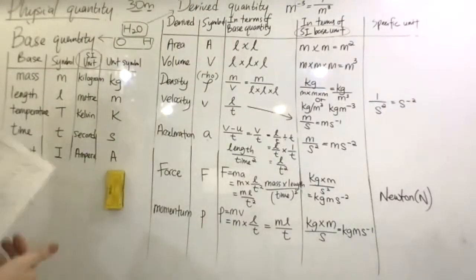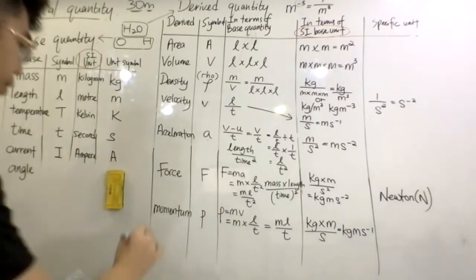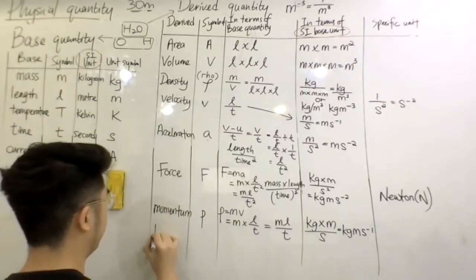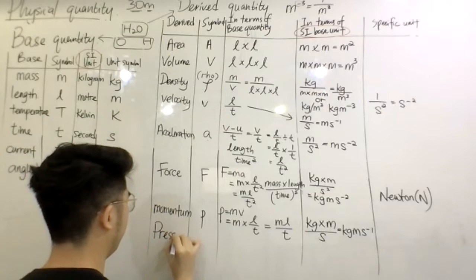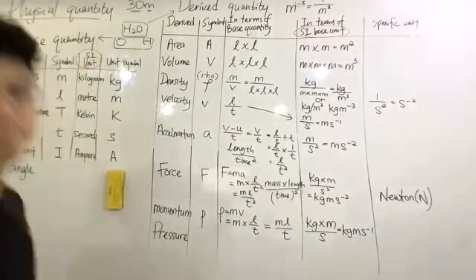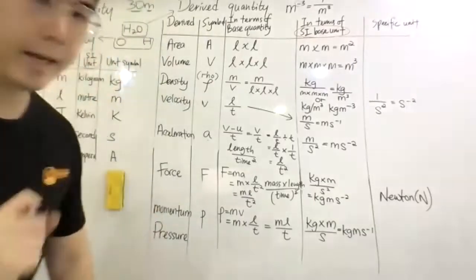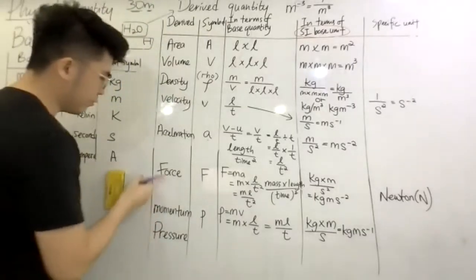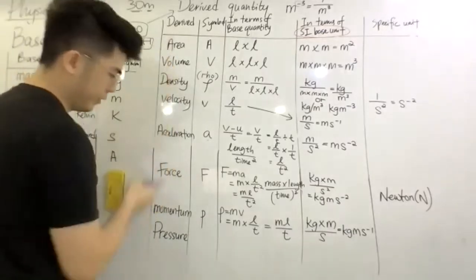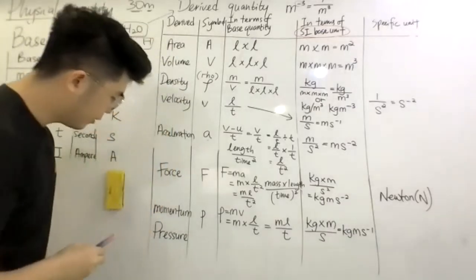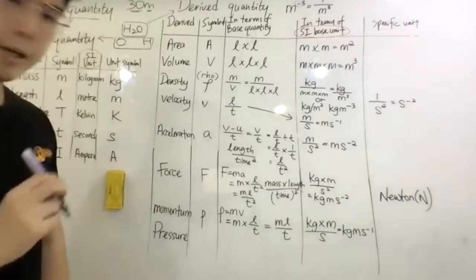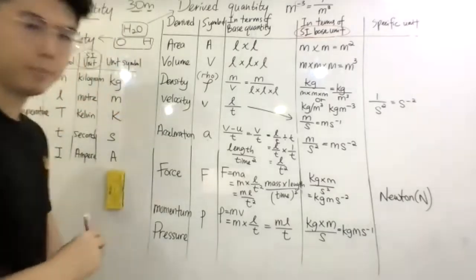Okay, now next one. I put pressure. There are some quantities maybe we haven't learned yet, but most of it we know, right? This one, have we learned pressure? Not really. We haven't learned that much about pressure.